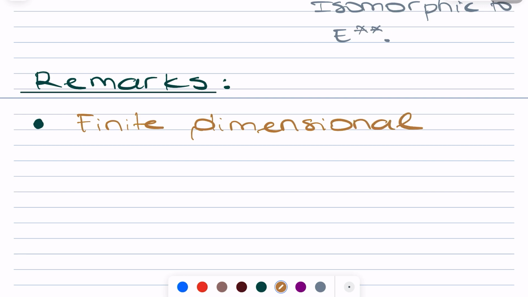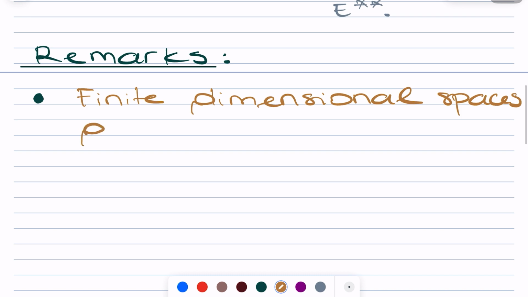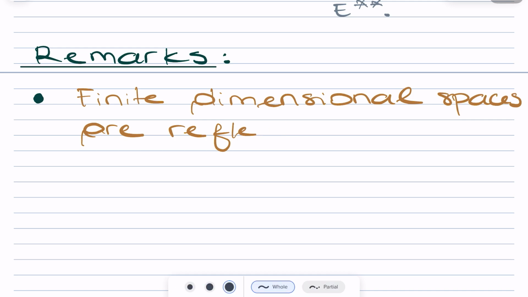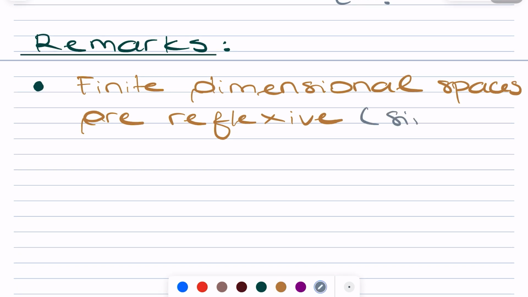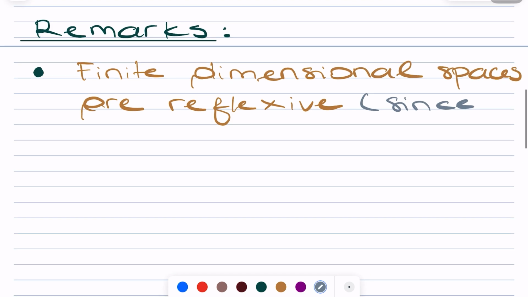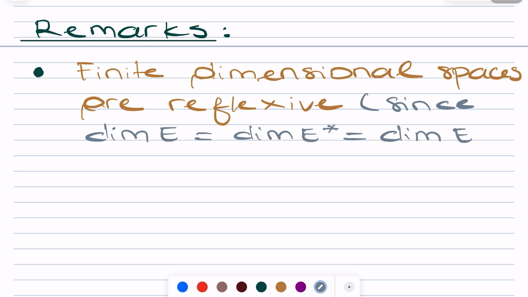This is a kind of short proof, because if E is finite dimensional, then the dimension of E is equal to the dimension of the dual space, which is of course equal to the dimension of the bidual.